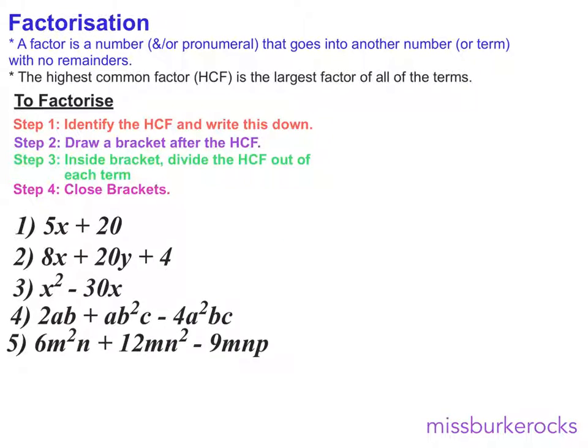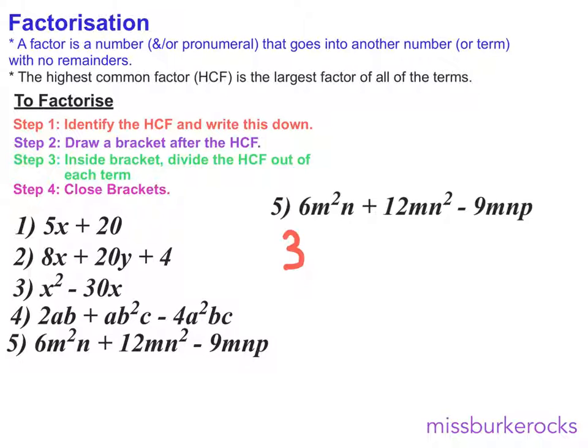Looking at our last example that we've got here, our example 5, which is 6m squared n plus 12mn squared, take 4mnp. So we need to have a look at what is our highest common factor. So what goes into all of them? So as we can see, we could get 3 that goes into 6, 12 and 9. So I'm going to put my 3.